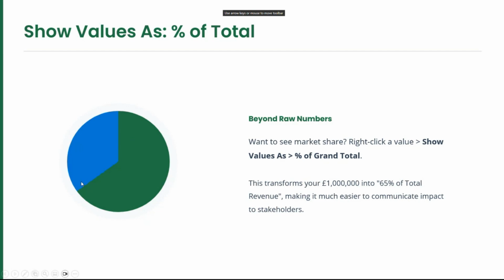So if this was a number, for example, sales, 1 million here, maybe here it's 300,000, then it will convert that into percentages without you even calculating it, making it much easier to communicate the impact to stakeholders. So basically, once you make sure your data is working well within the pivot engine, then you start changing things dynamically.